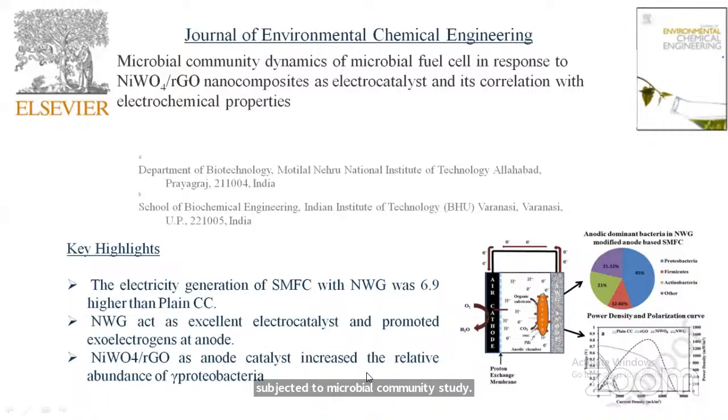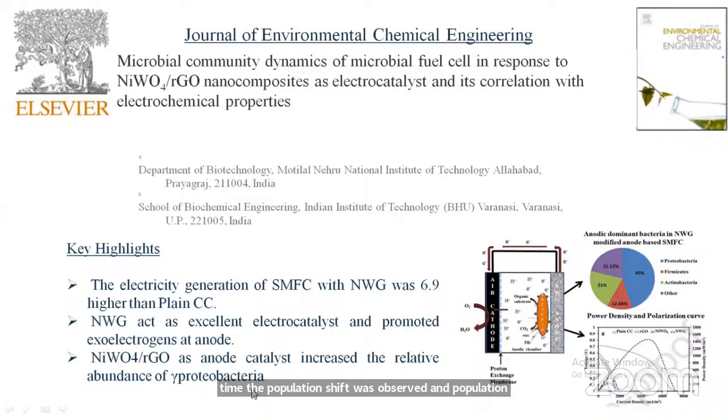It was found that the anode catalyst increased the relative abundance of gamma proteobacteria. Initially the population of gamma proteobacteria was not so high, but as the system was allowed to operate over a period of time, a population shift was observed towards gamma proteobacteria.